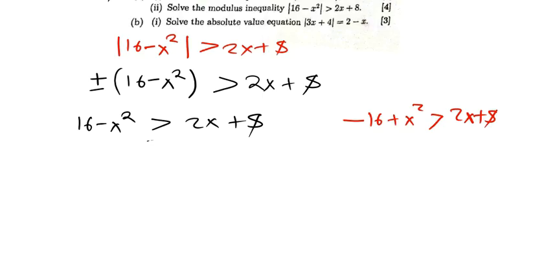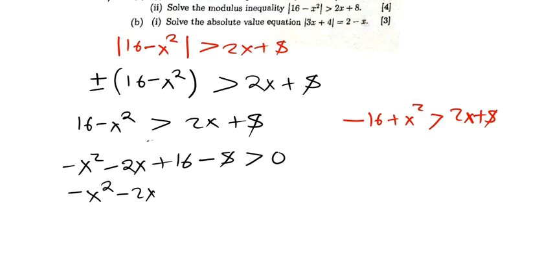We can form a quadratic on one end. For the first part, we have minus x squared, negative 2x, and the 16 is still there, minus 8, greater than 0. Then you end up with negative x squared minus 2x plus 8 greater than 0.